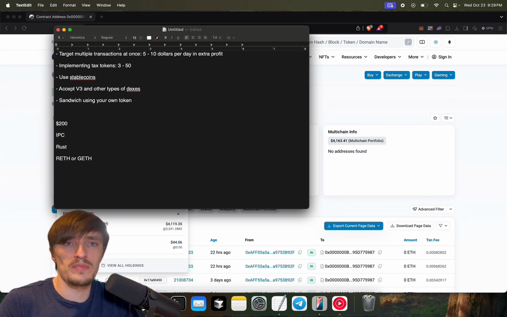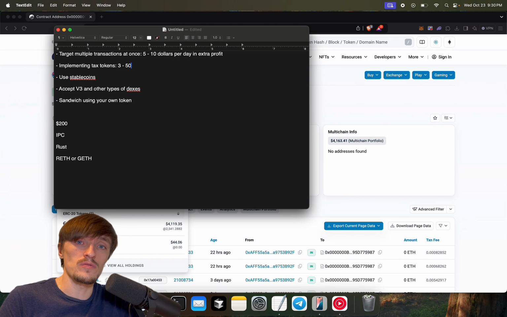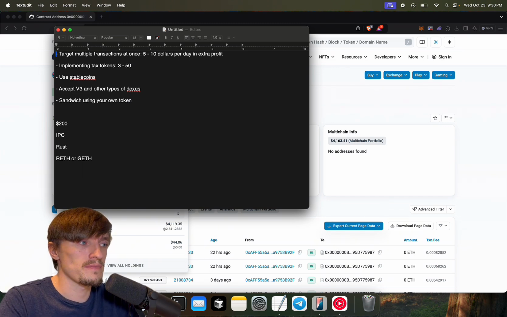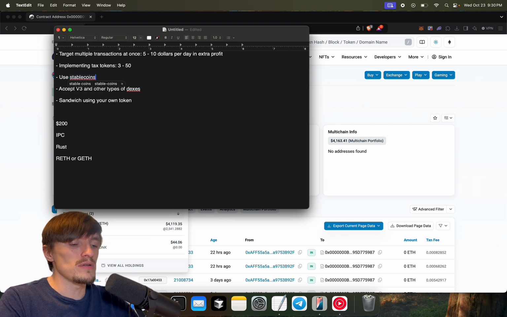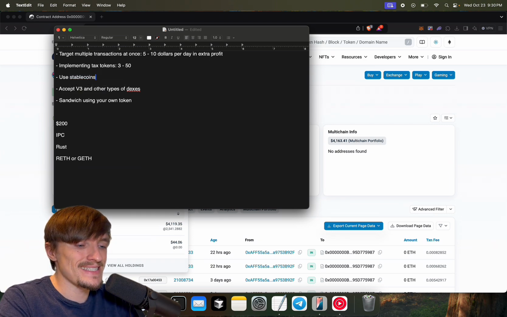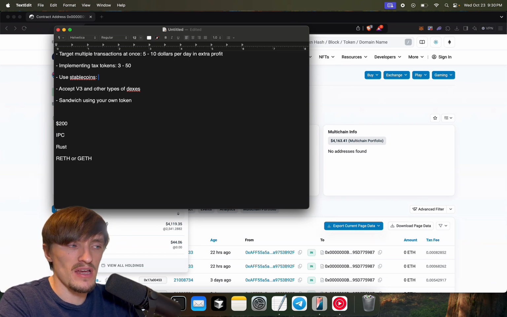I would say 50% or more of the tokens being released have transfer, buy or sell fees. So we want to target those specifically in V2, because Uniswap V2 allows tax tokens. V3 doesn't allow that. Using stablecoins is a big change because we will have to modify how the entire bot works, because stablecoins are a different species.